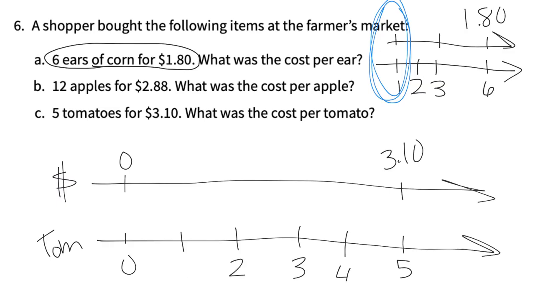We need to take those tomatoes and cut them up into 5 equal pieces, right? Which means we're going to do the same thing with our cost. We have to cut our cost into fifths. 310 divided by 5, and that's going to give us the cost of that single tomato. What a beautiful visual representation. Double number lines are just really kind of cool.